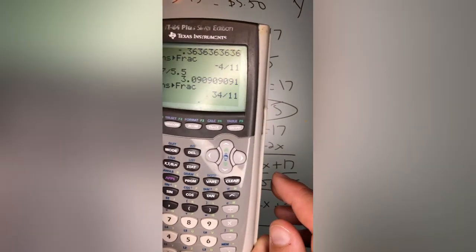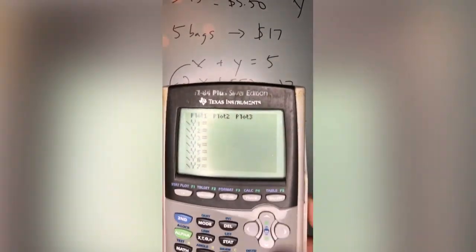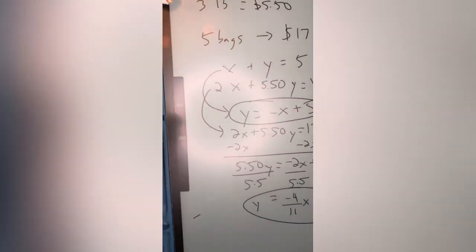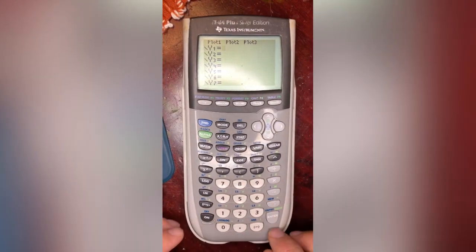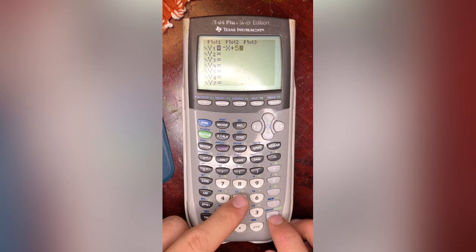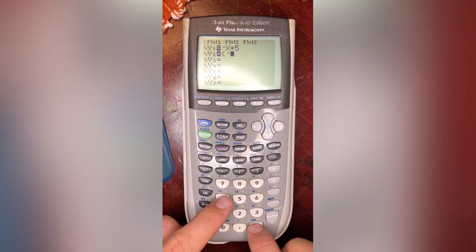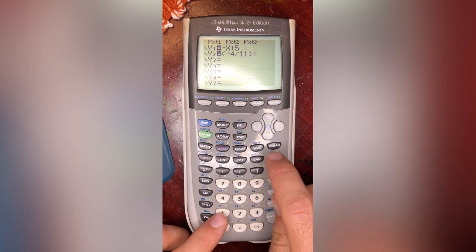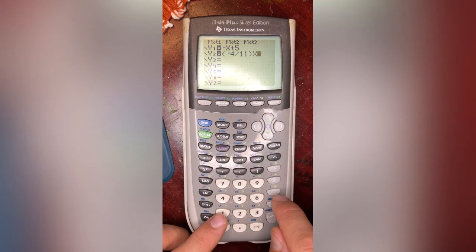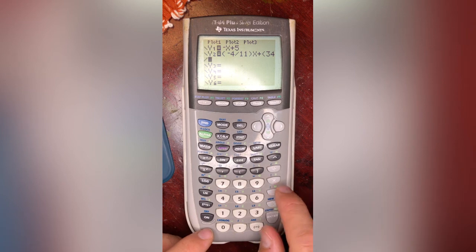So check this out. I'm going to go to my y equals, and the first one was negative x plus 5, and then I have negative 4 divided by 11 x plus, inside parentheses, 34 divided by 11.